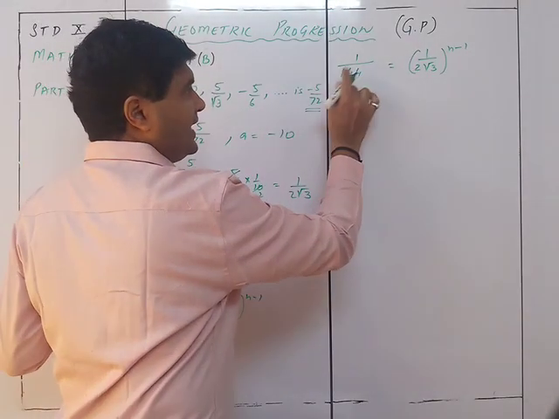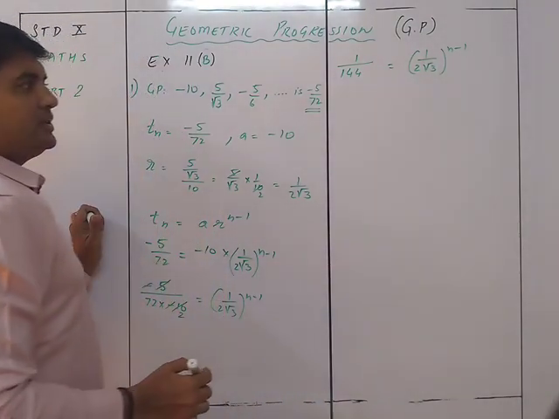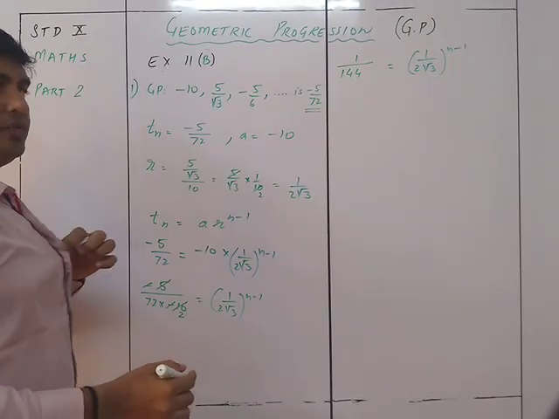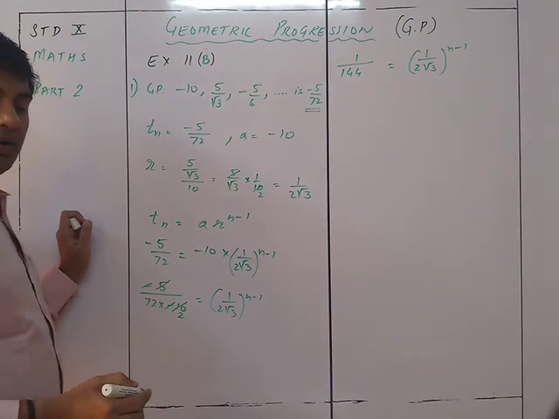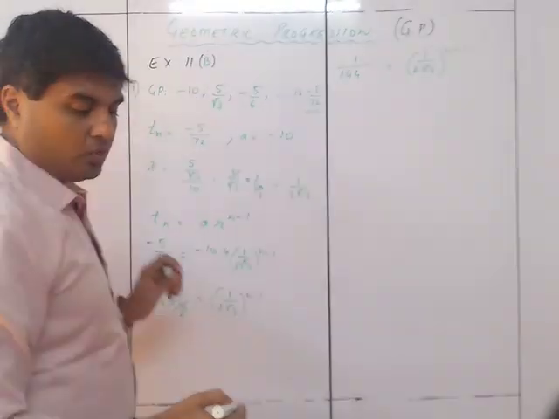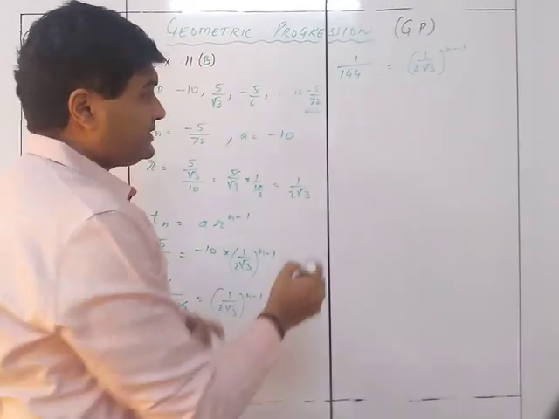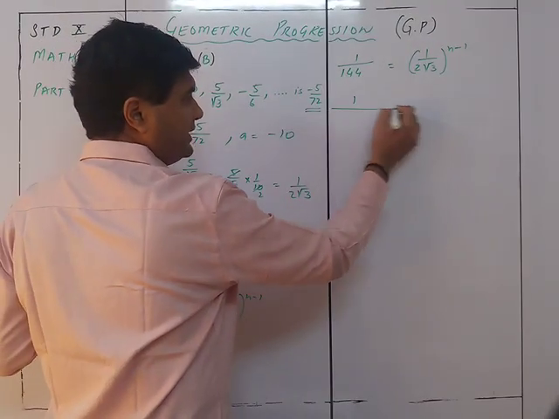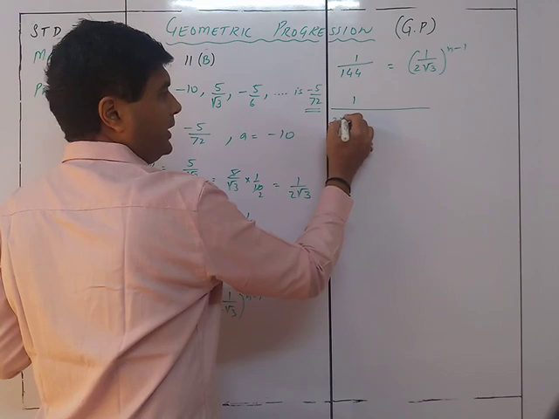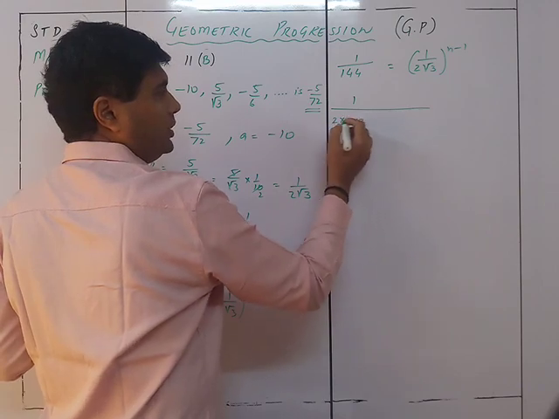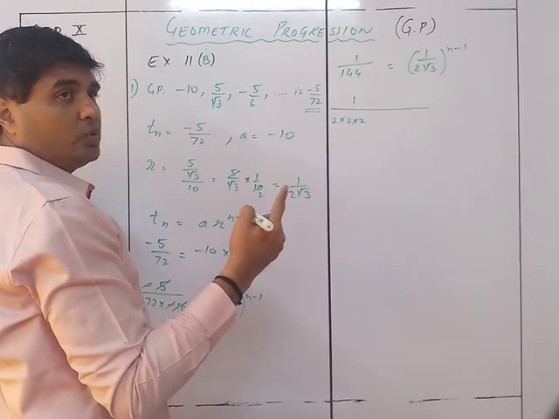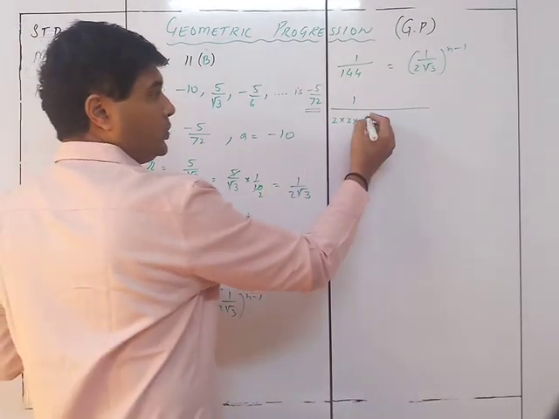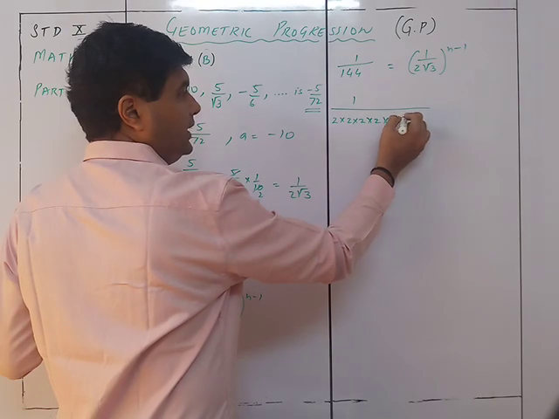So we can see this particular thing in terms of 2 and root 3. If I am trying to do this, it will be prime factorized to 2 into 2 into 2 into 2 into 3 into 3, because 12 square, right? 12 is 2 into 2 into 3.